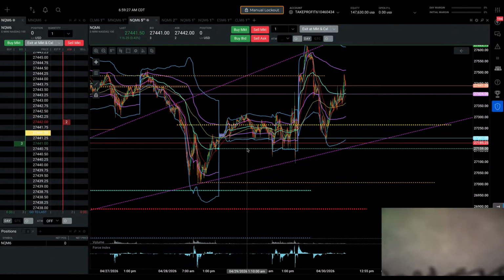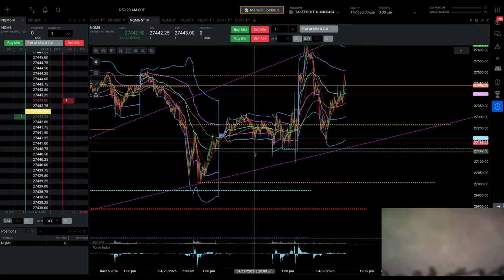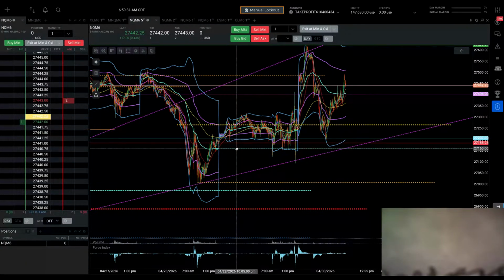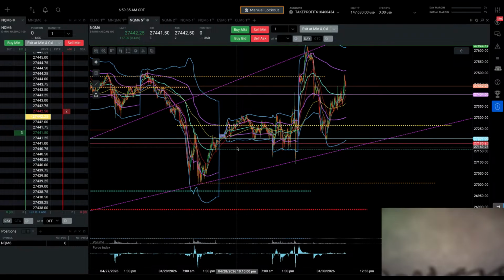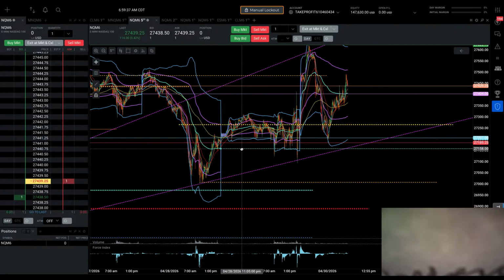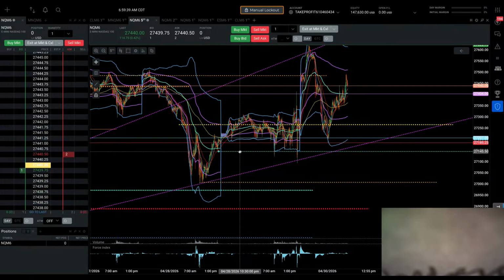Okay. So this one lines up right here. Okay, it's the previous day middle VWAP band. Okay, so we're gonna put it right, put a little under, right about there.